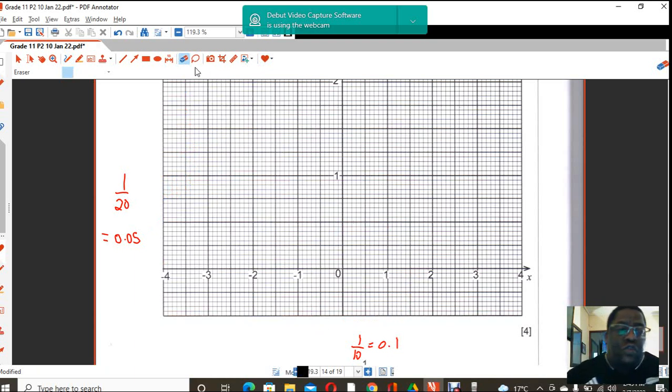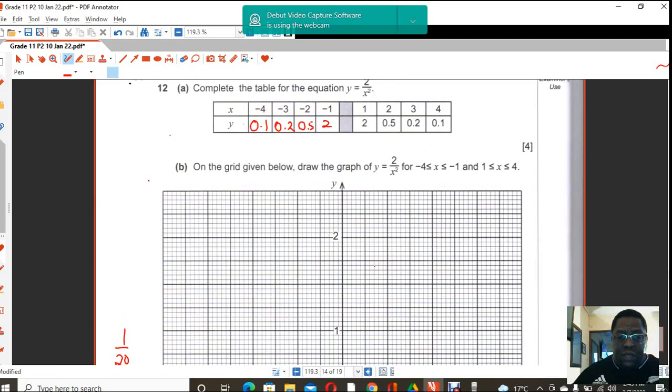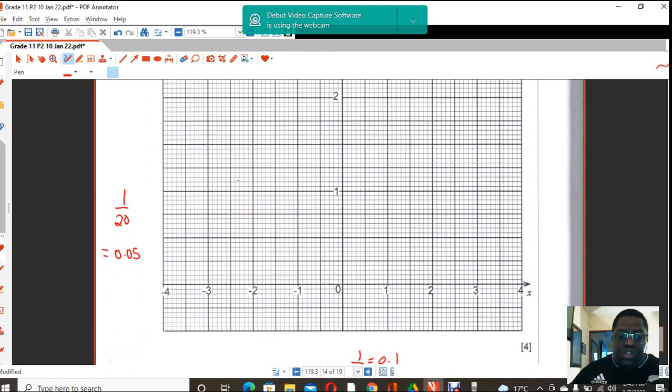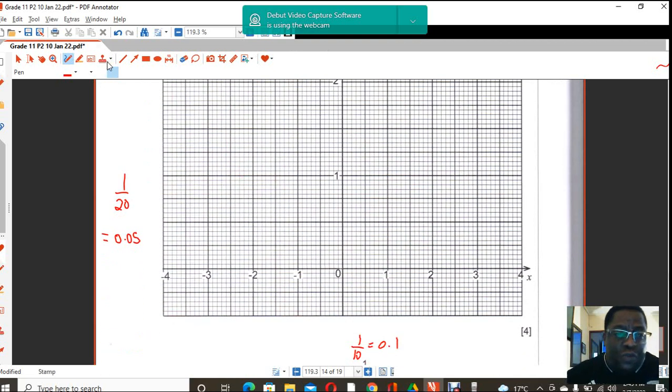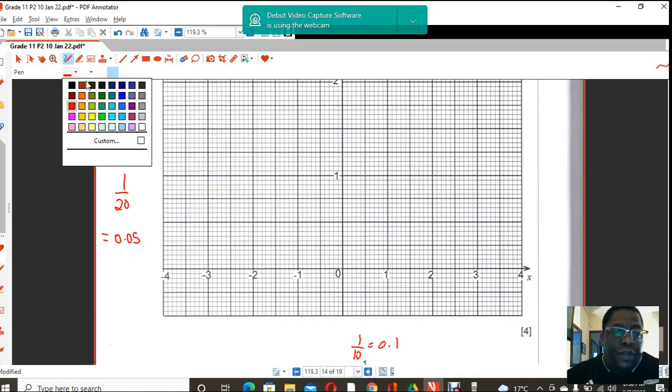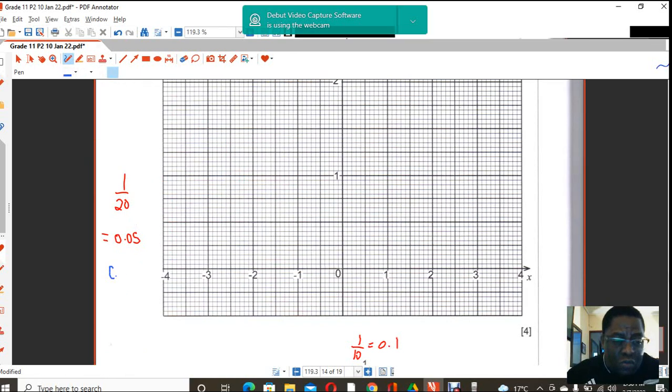So I'm going to start with the -4. They are saying when it's -4, it's 0.1. Now, in order for me to find how many blocks I should count from that point, I say 0.1 divided by 0.05. How many blocks is it?